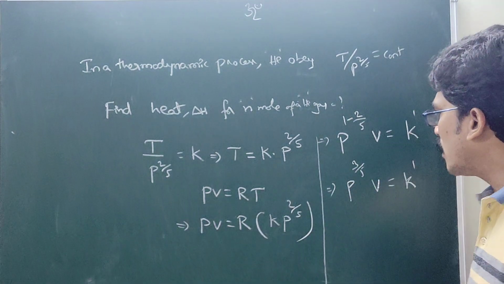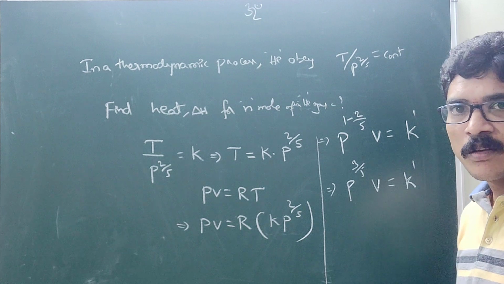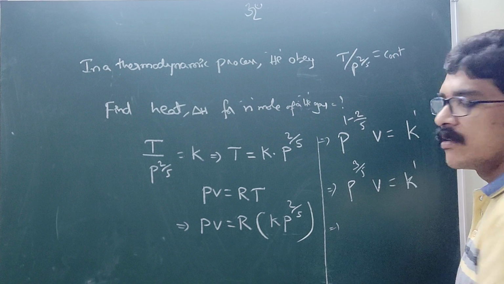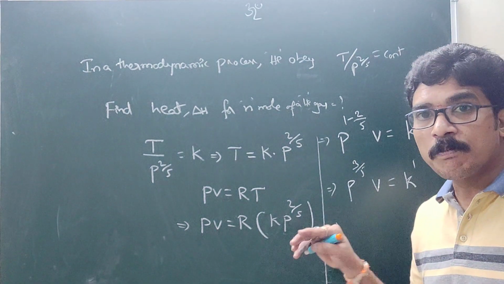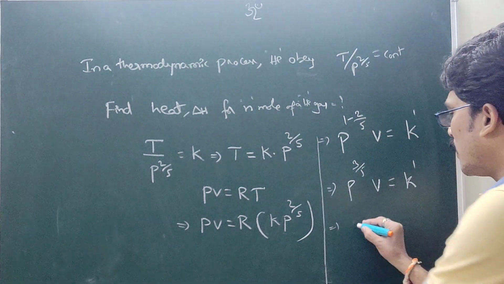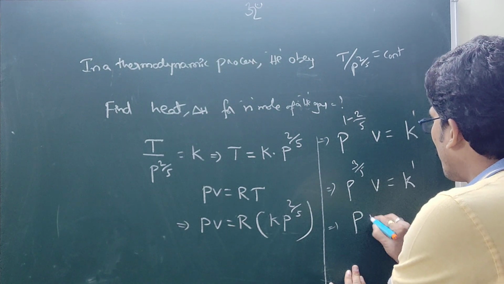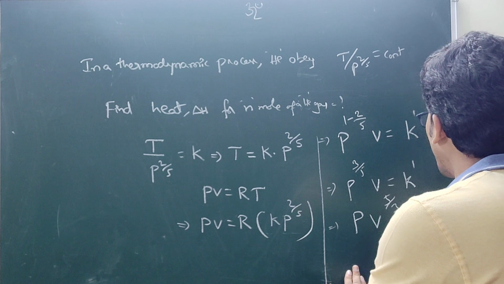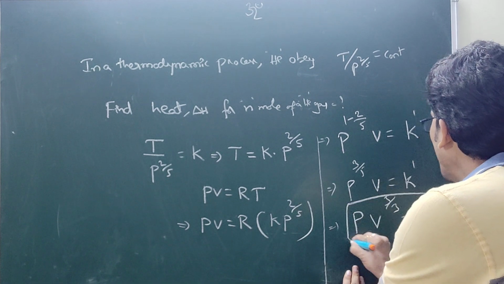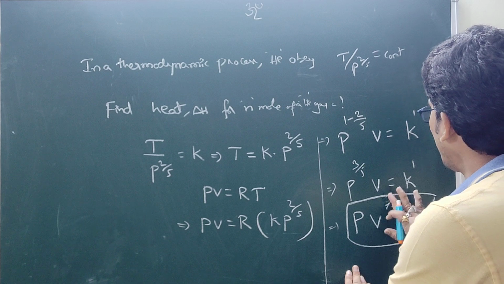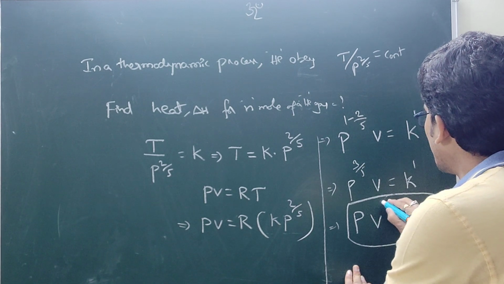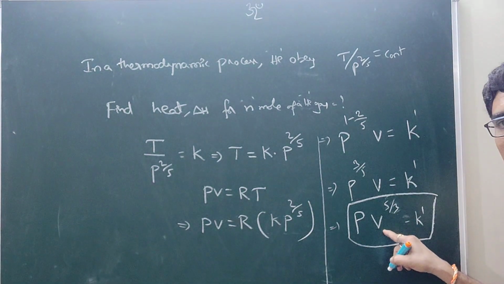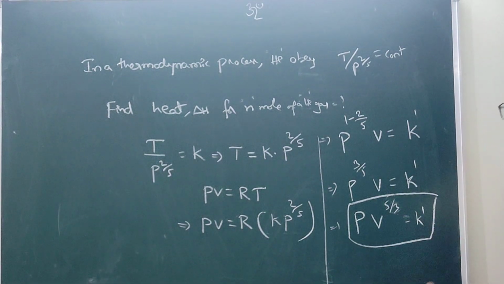Multiply the power on both terms with 5 by 3. P into V power 5 by 3 is equal to some constant.